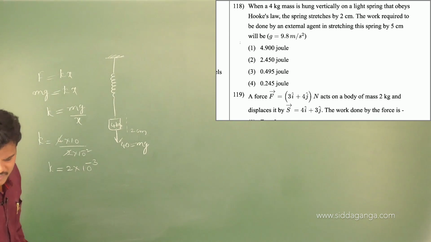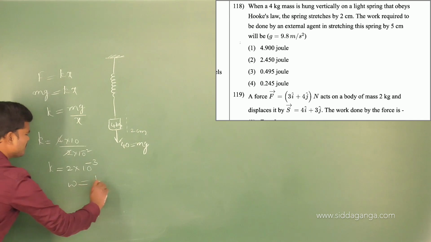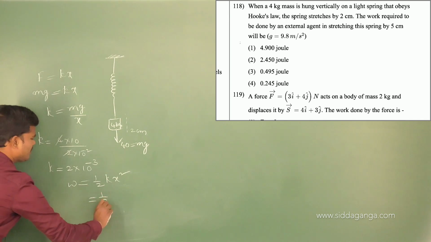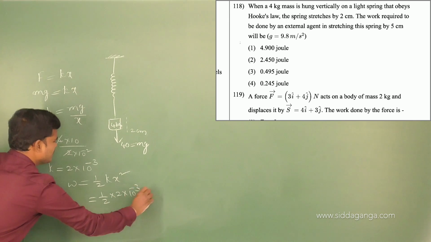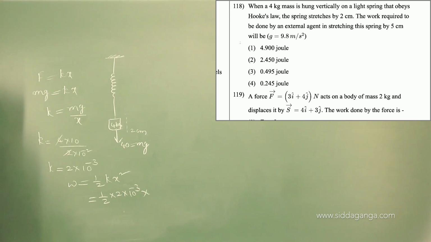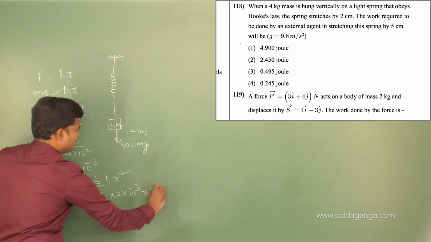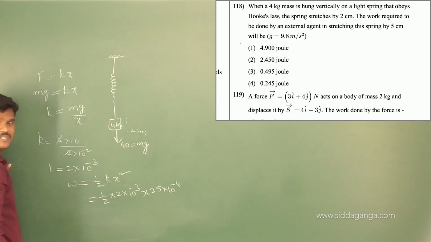Then they are asking to find the work done. Let us see how to get the work done. Work done is nothing but half k x square. Check the calculation here. Half, k value 2 into 10 raised to minus 3, x value 5 centimeter. 5 means 25 into 10 raised to minus 4.